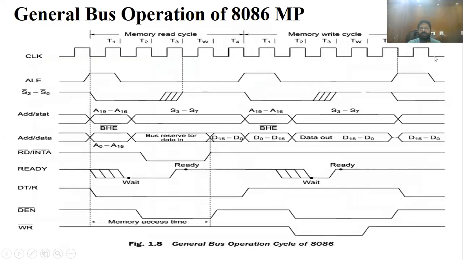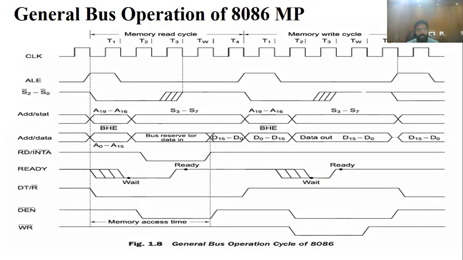Now, see this. In the last class we spent one class on the general bus operation of the 8086 microprocessor. You know what the importance of this general bus operation is? It tells how the microprocessor accesses the memory, nothing but RAM and ROM memory, or how the microprocessor sends information from the CPU to the memory.